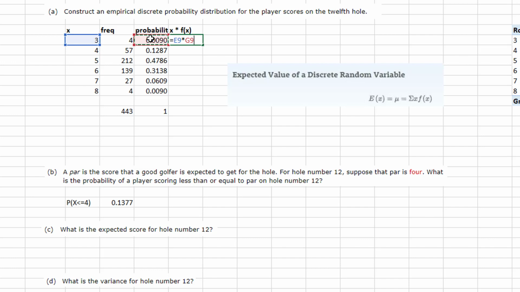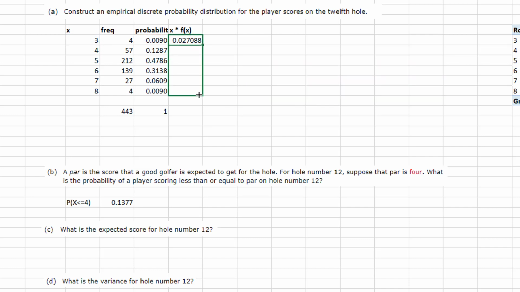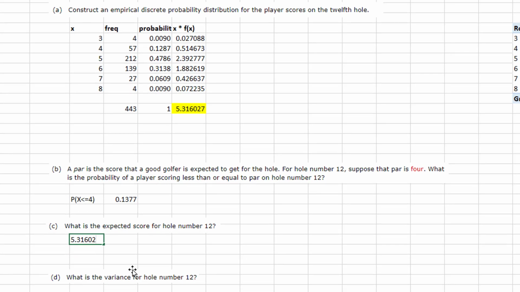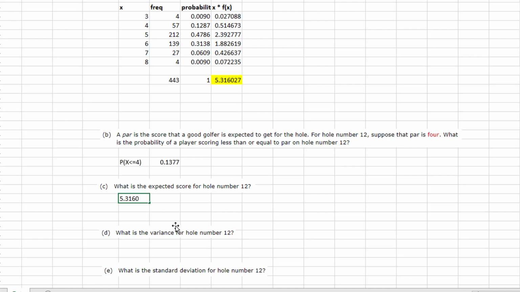So each X value times its probability. So once again, I would drag that formula down. I already know this is a sum formula, so I can see that's my answer. So this would be expected value. So my expected value would be 5.3160, well, I guess I'll round to 4 decimal places like they say to do. And it took my 0 away.